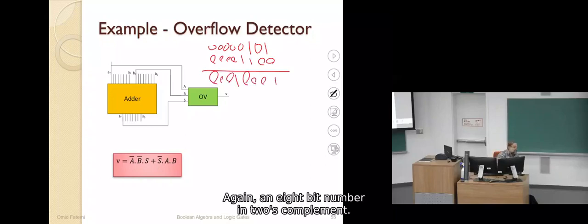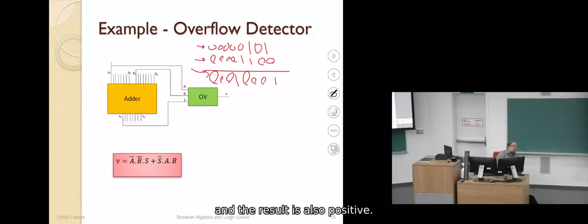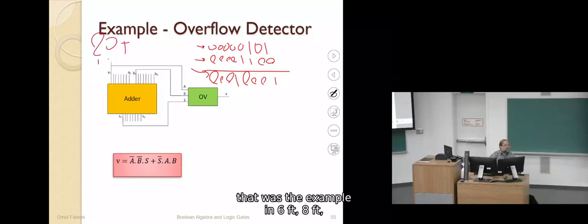Again, an 8-bit number in 2's complement, the result is positive. This is positive, this is positive, and the result is also positive. It means that there is no overflow. 5 plus 12 is 17. Everything is normal. But when you add two positive numbers, like 20 plus 17, that was the example in 6-bit.